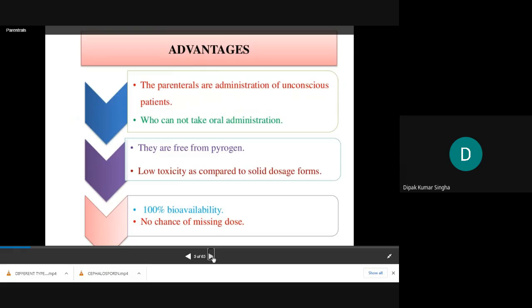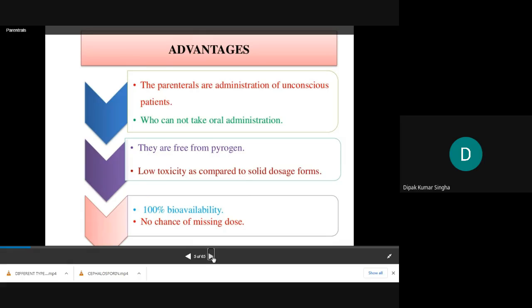What is the advantage of parenteral preparation? Parenteral administration is generally used for unconscious patients, those who cannot swallow or take oral administration. These products are free from pyrogens and have low toxicity compared to solid dosage forms.